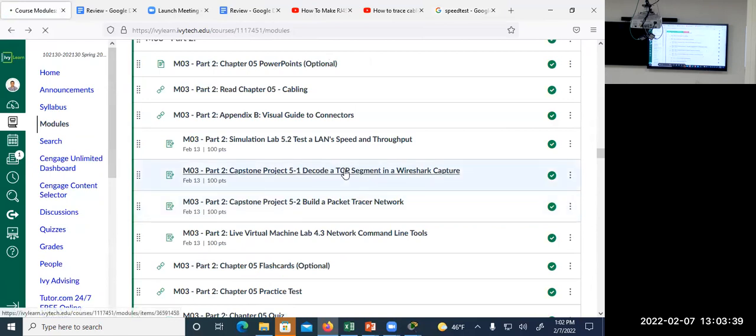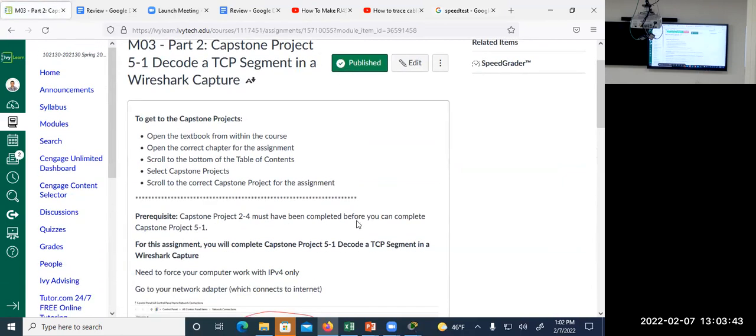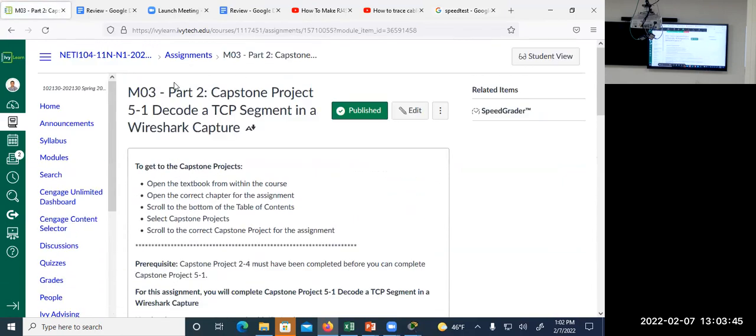Now, this one here. This one, the Wireshark. I want you to do the Wireshark. So in the case, you have to go to the capstone project, by what? Okay, capstone project by what?